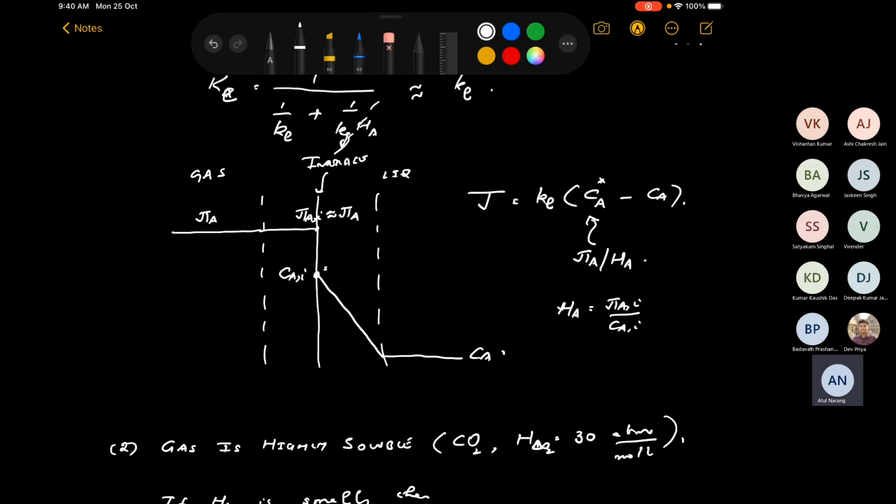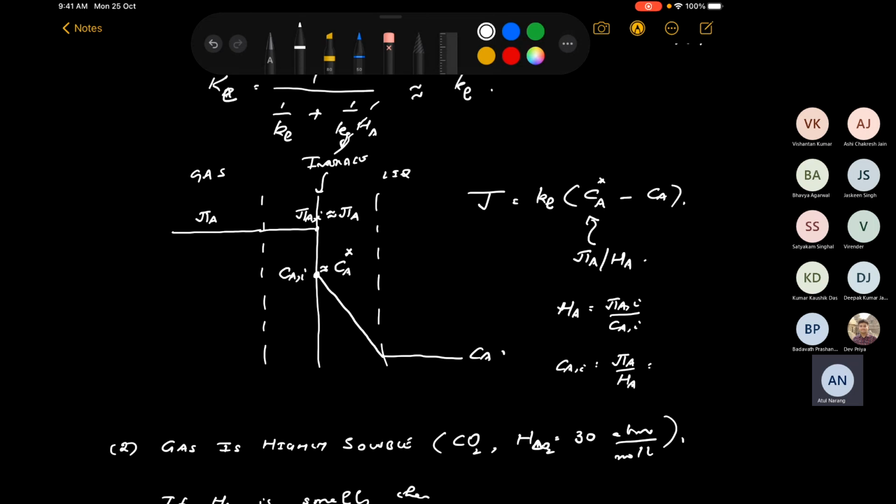Well, if that is the case, and if p i A i is equal to p i A, then clearly c a i is nothing but p i A divided by H A. And this is actually a real concentration. This is approximately equal to Ca star. So in other words, because there is no decline in the film on the gas side, you actually have a real concentration, p i A, which is the partial pressure of A at the interface, and c a i is exactly Ca star.